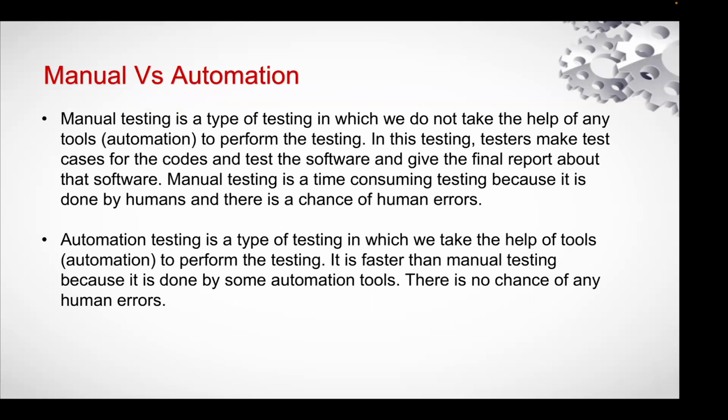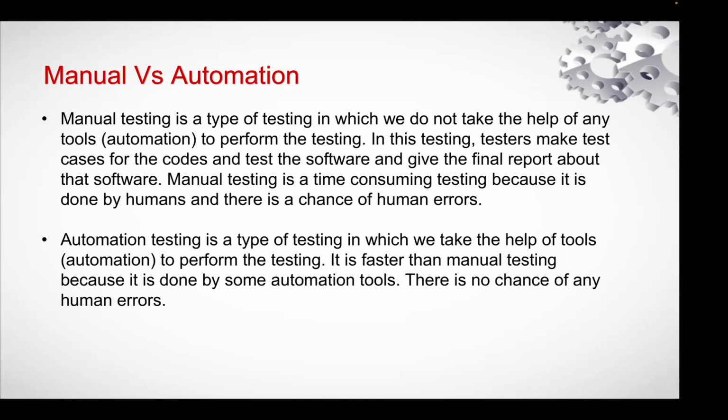Then he performs the execution. If you consider Facebook or any application, while registering a new user you need to provide a few details like first name, last name, mail ID, mobile number. These details are provided by a human being manually. This type of testing comes under manual testing.